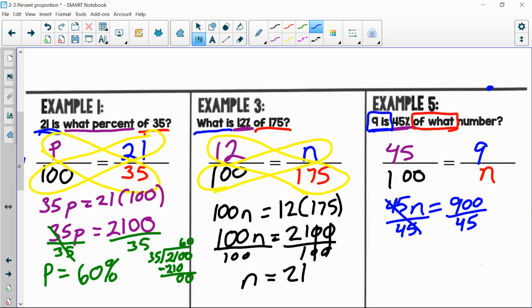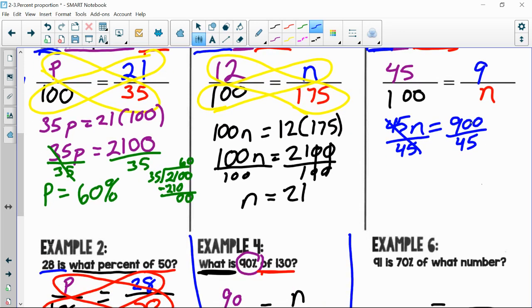Now remember, when you're dividing, the top number goes in your division box. And then you divide by 45. Okay, can 45 go in 90? Yes, it can. Twice. And then you have zeros left over, which is 0.